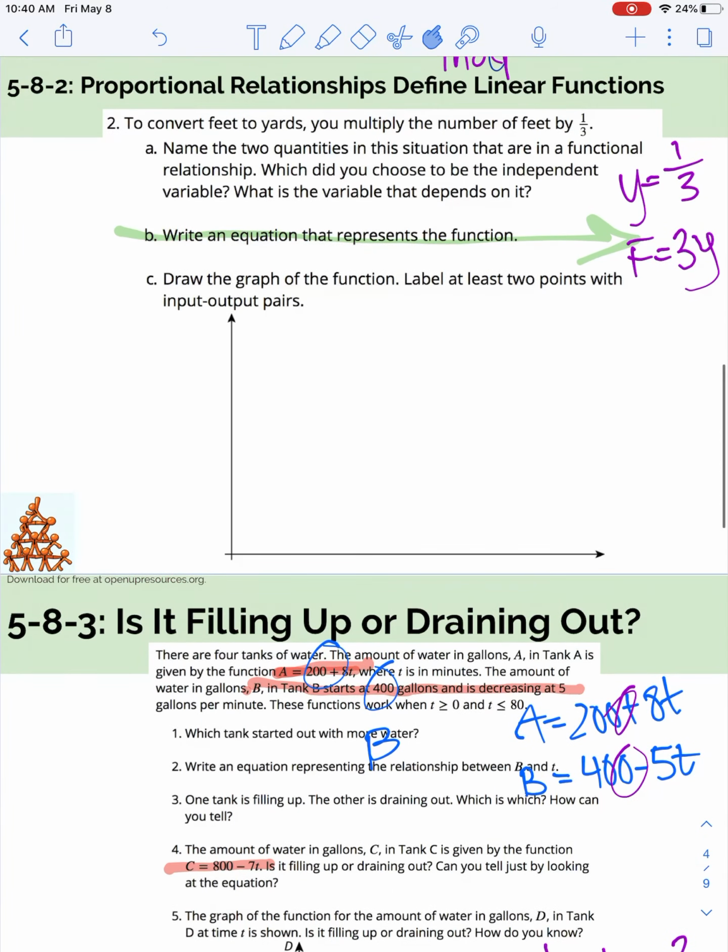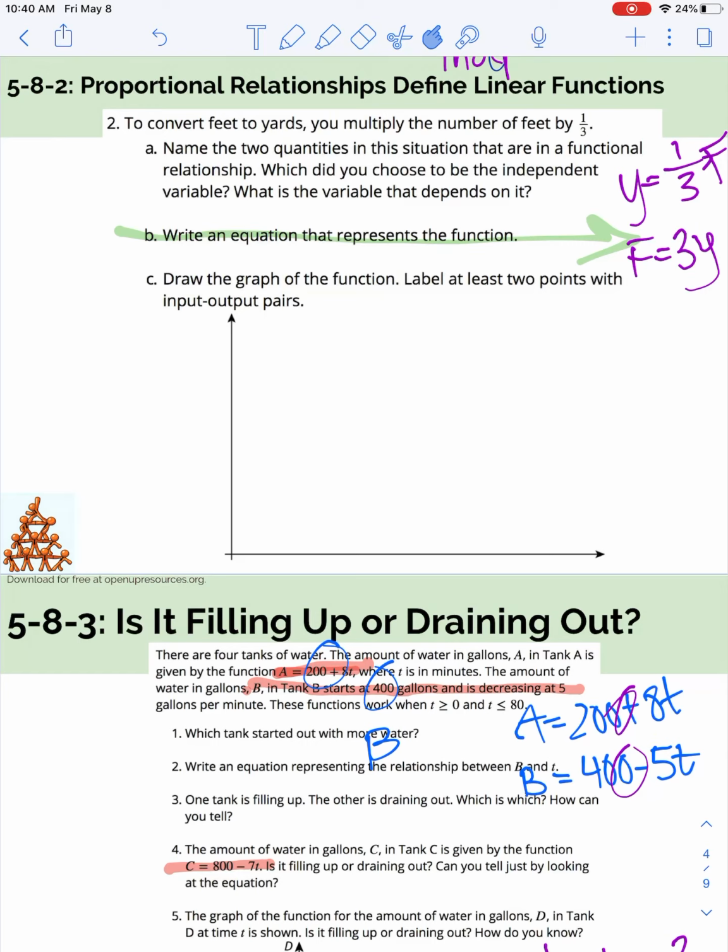Okay, the next activity wanted you to convert feet to yards. This one I wanted you to do on your own. I gave you a head start. I gave you the equation, right? Feet equals 3 times the amount of yards, or yards equals 1/3 the amount of feet. I forgot to put feet there. That would be an F. So there are your equations.